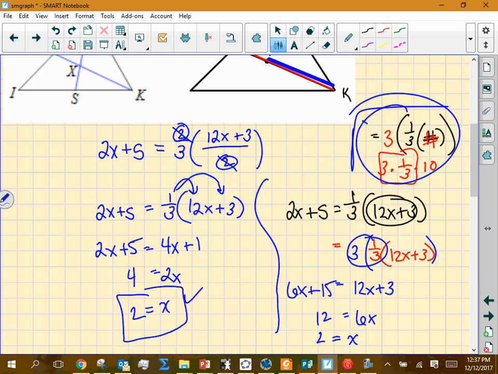My fear, if people are going to use this approach to get rid of this fraction out front, whether it be a 1/3 or sometimes a 2/3, is that people want to do this. They want to take that 3 times the third, get 1. But then they want to take the 3 and multiply it by the 12. They want to take the 3 and then multiply it by the 3. They want to distribute this 3 that they brought in to everything. You don't do multiplication that way.